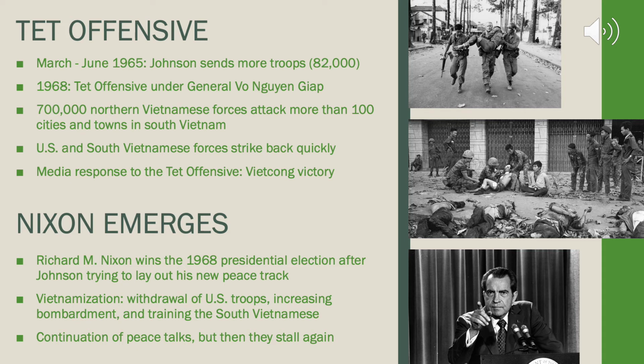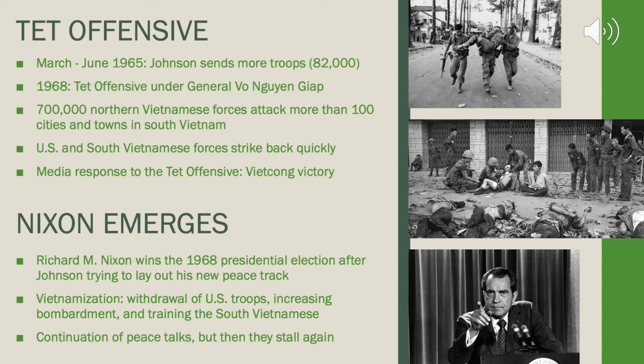This is where Viet Minh and North Vietnamese armies attack 100 cities and towns all across Vietnam, mostly South Vietnam, and they massacre hundreds upon thousands of people. But the US and South Vietnamese forces strike back quickly, which was very surprising and was a turning point in the war and the beginning of a gradual US withdrawal from the region.